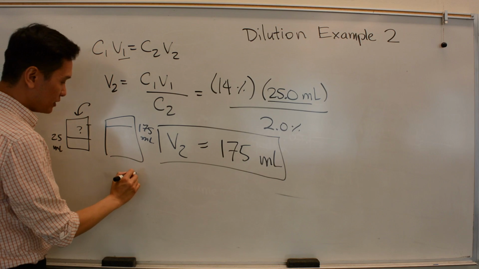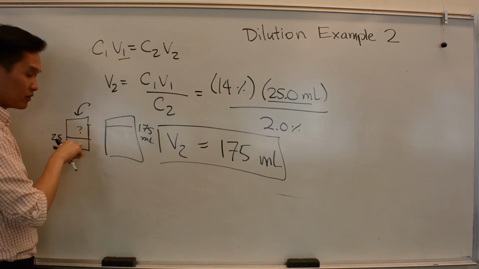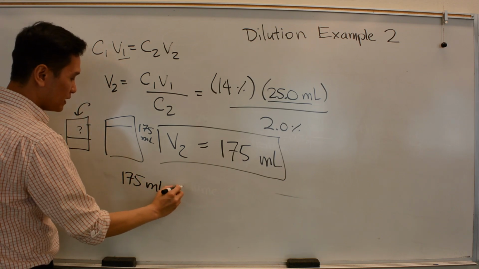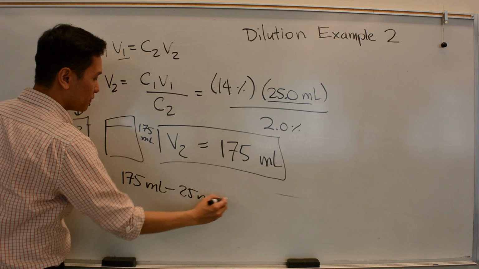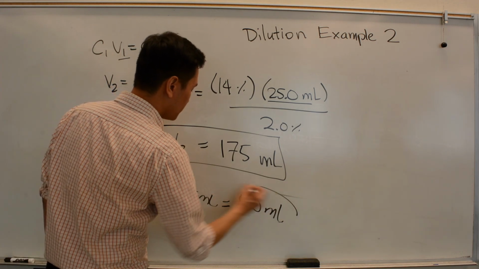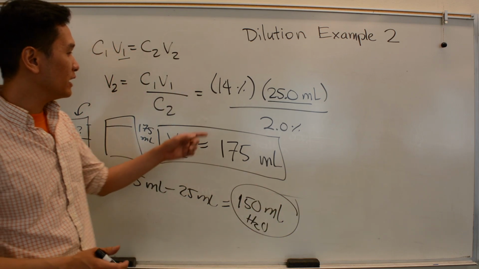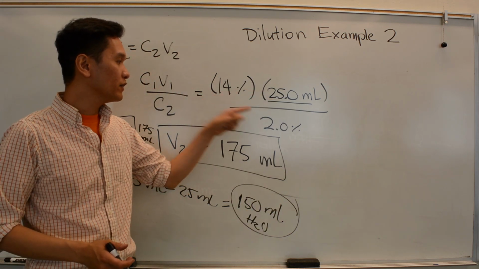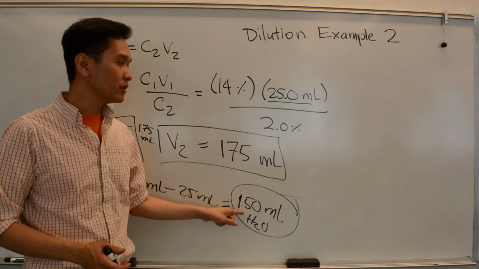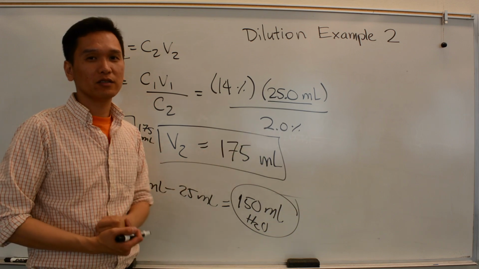Wouldn't that just be a difference? 175 minus 25 will give you 150 ml. So in order to do this dilution, you take 25 ml of the 14% solution, you add 150 ml of water into it, then you would get 175 ml of the 2% solution.